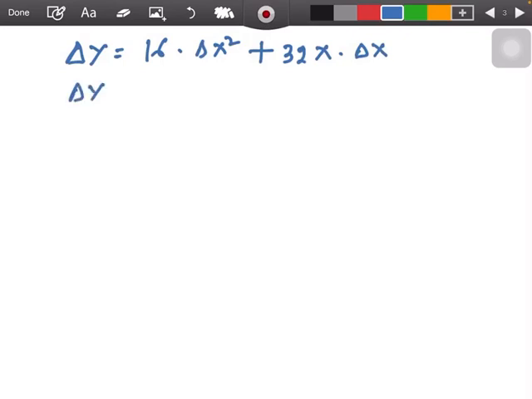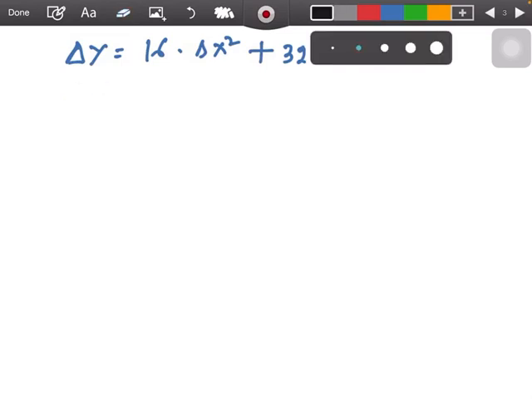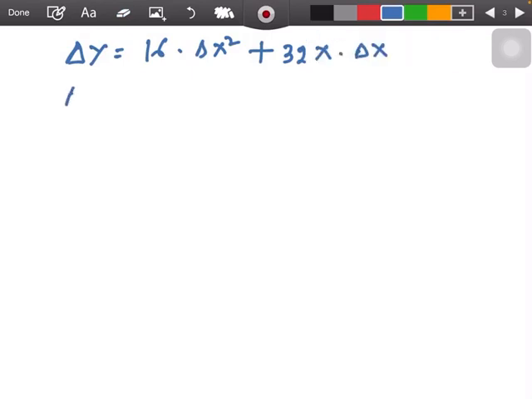Now dividing both sides by delta x. Now delta x will be taken as common from the right side. So it will be 16 delta x plus 32x.